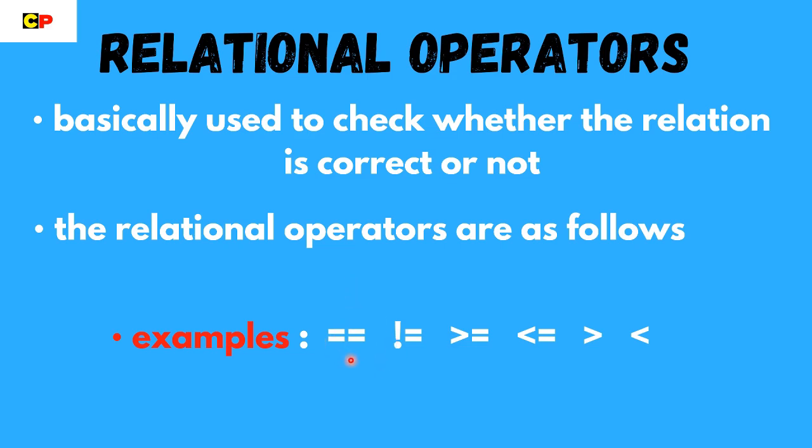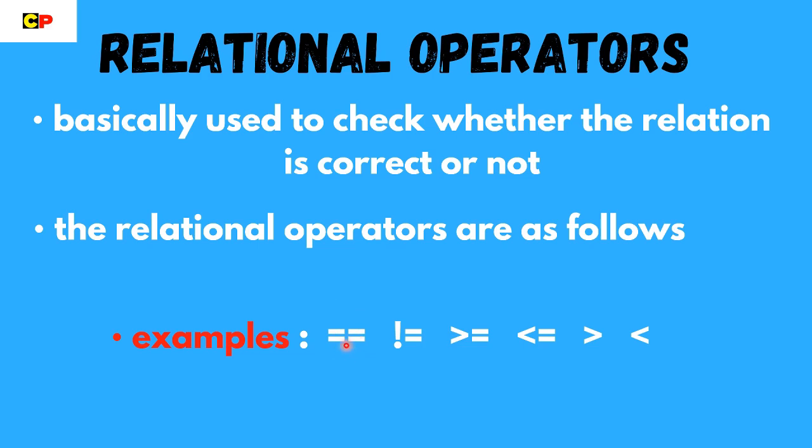Similarly, the opposite of the equal to operator is the not equal to operator. This not equal to operator is used to check whether both numbers A and B are different or not. If they are different, then this operator will return true. But if A is not equal to B and you are using the equal to operator, it will return false.